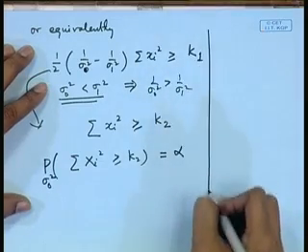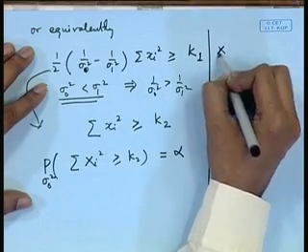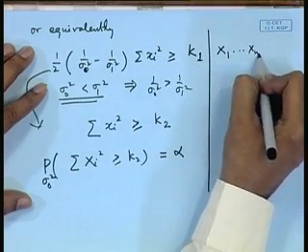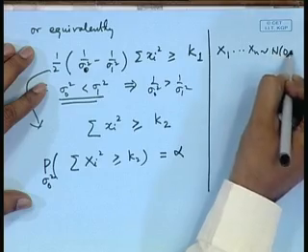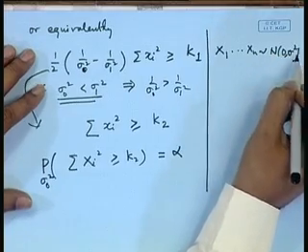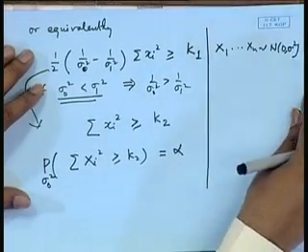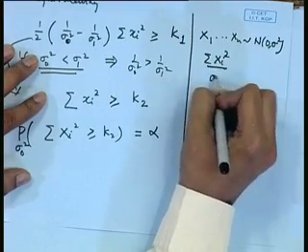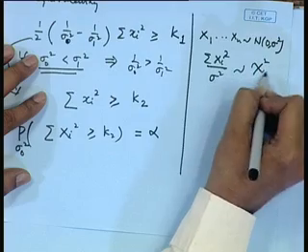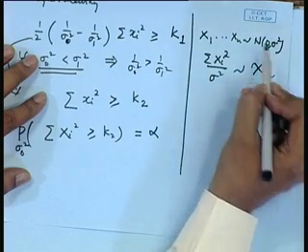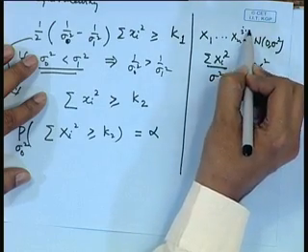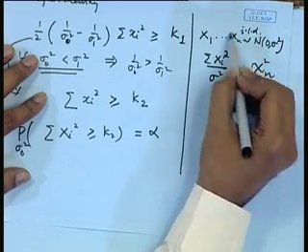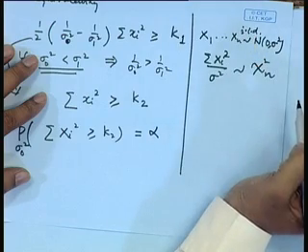So, we look at our statement here: x 1, x 2, x n follow normal 0, sigma square, and therefore sigma x_i square by sigma square will follow chi square distribution on n degrees of freedom, because we are considering this to be a random sample. So, these are independent and identically distributed random variables.